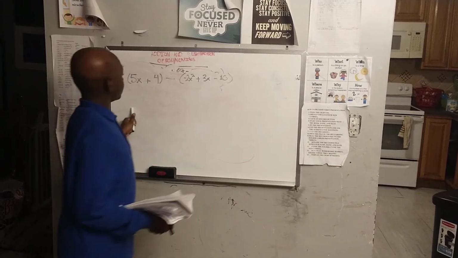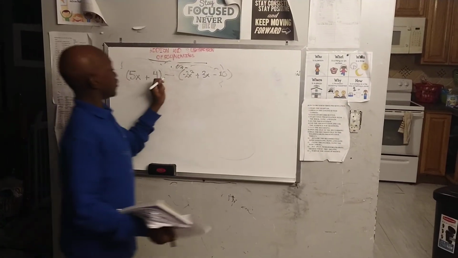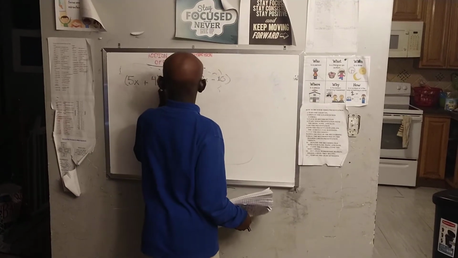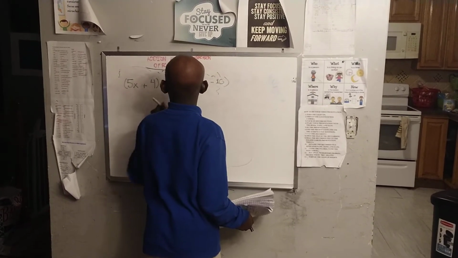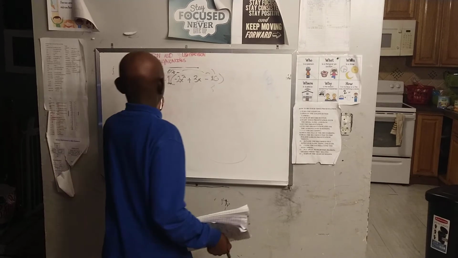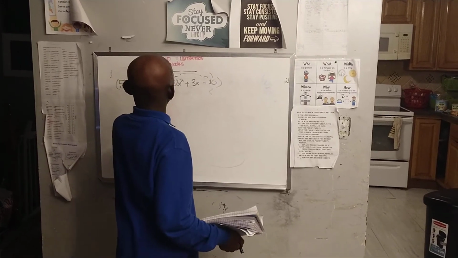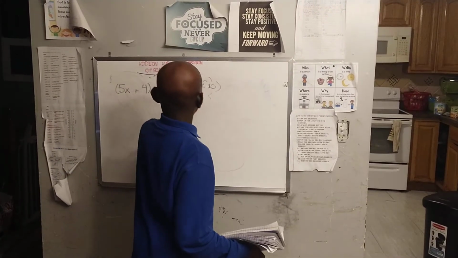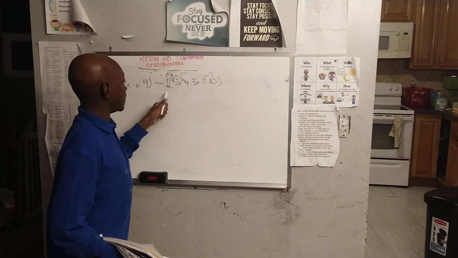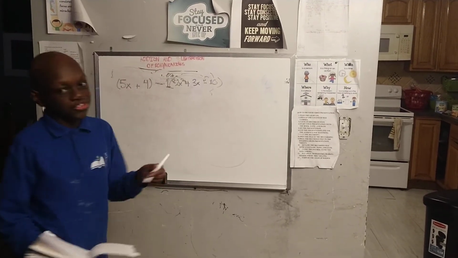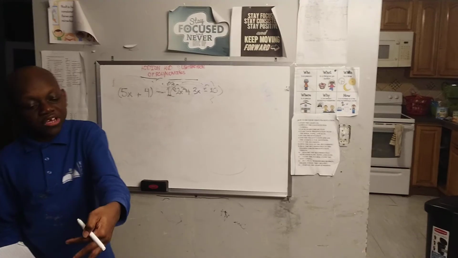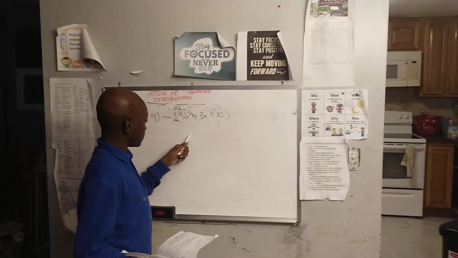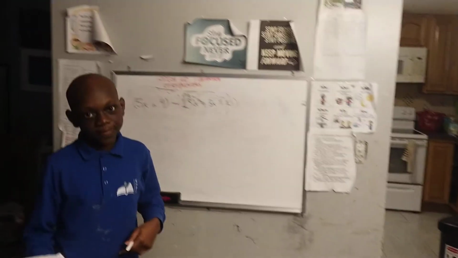Now, we've got to be careful here. And this is a minus here. And here's the 1. So we've multiplied everything here by negative 1. And when we multiply by negative 1, we switch the sign of the number.